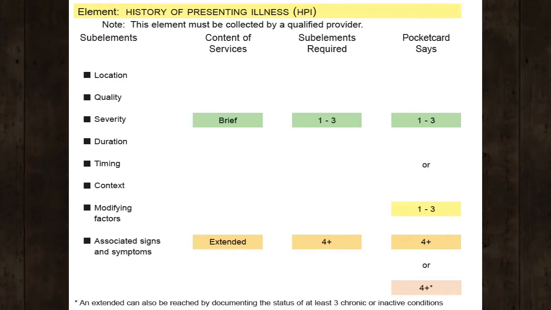For instance, on history of present illness, you'll see the sub-elements. When it talks about numbers 1 to 3 or 4 or more, what are they talking about? Well, talking about location, quality, severity, duration, timing, context, modifying factors, associated signs and symptoms.